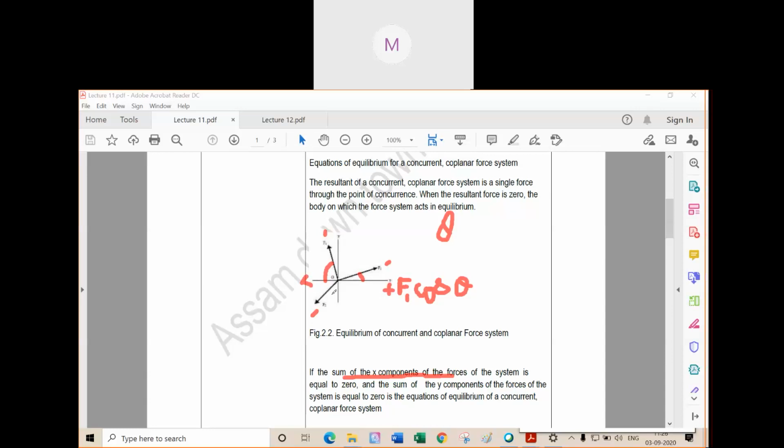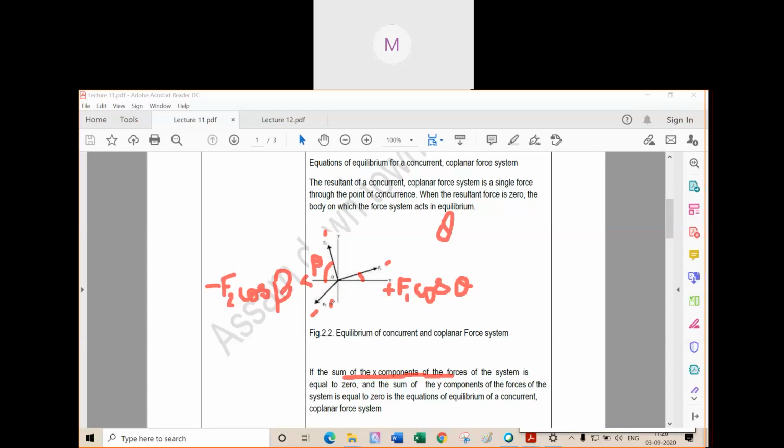So this side it will be negative: minus F2 cos beta, where beta is the angle of F2.